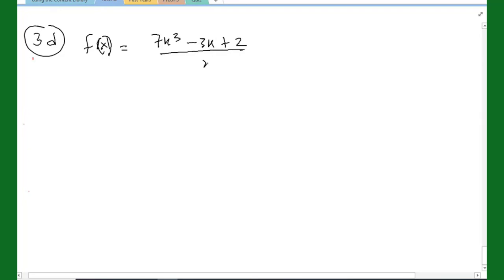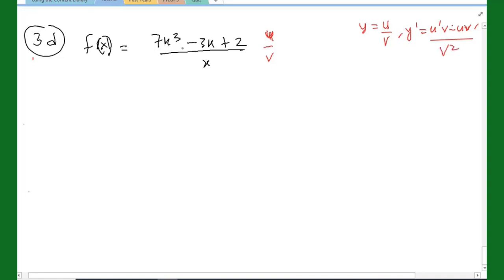So the idea for number 3 is to simplify to the simplest form before you proceed to differentiate. Now let's say I apply the quotient rule, because this is a ratio, u over v. So y is equal to u over v, and y prime is equal to u prime v minus u v prime over v squared.